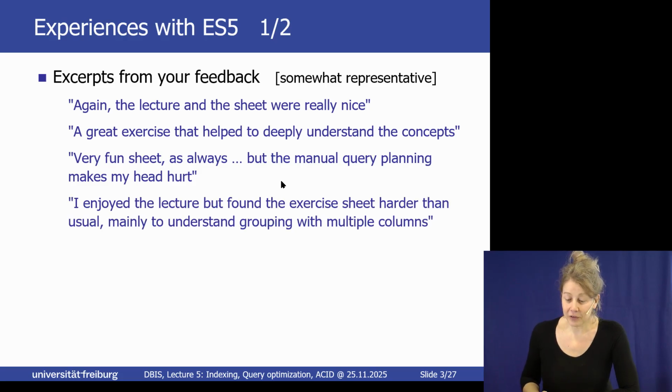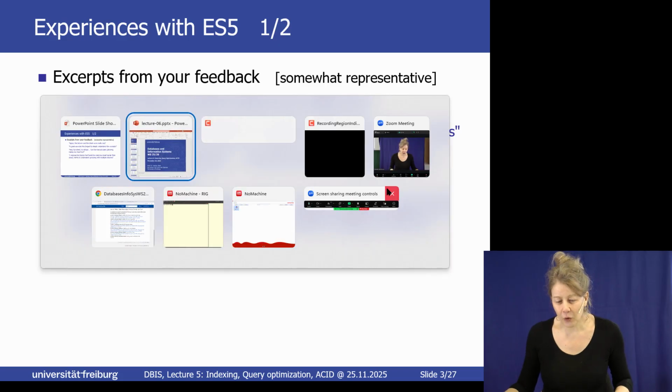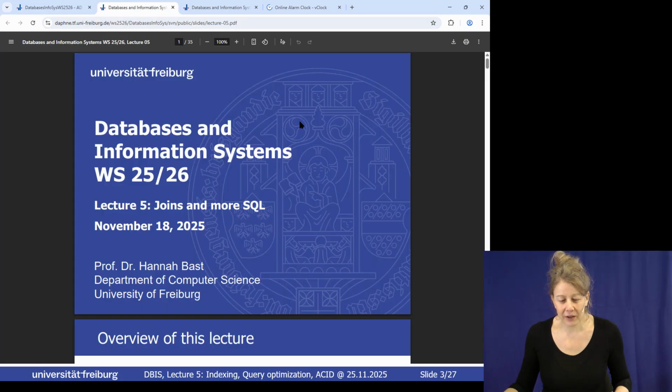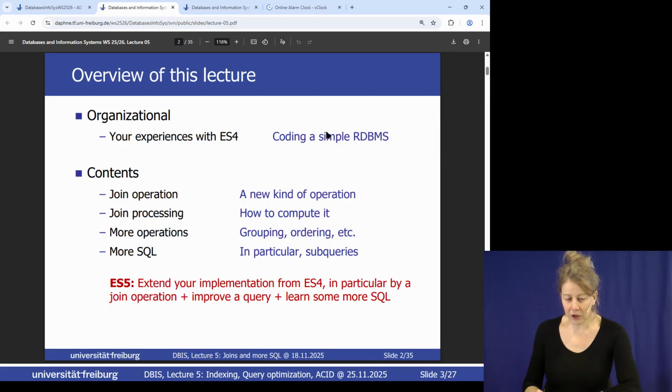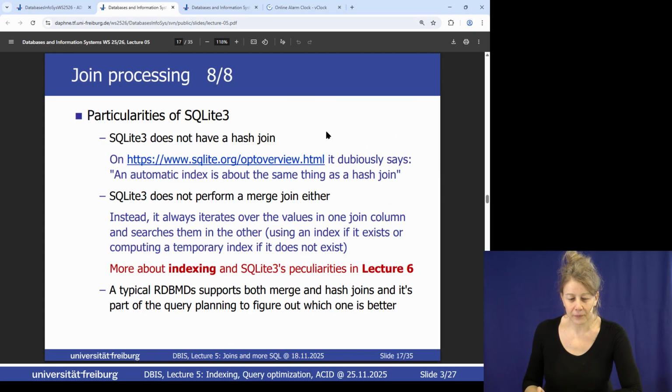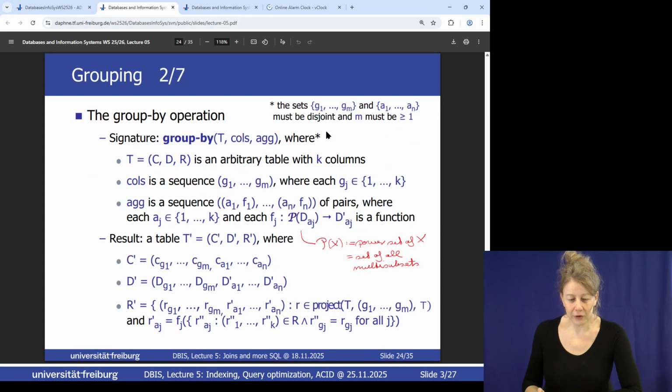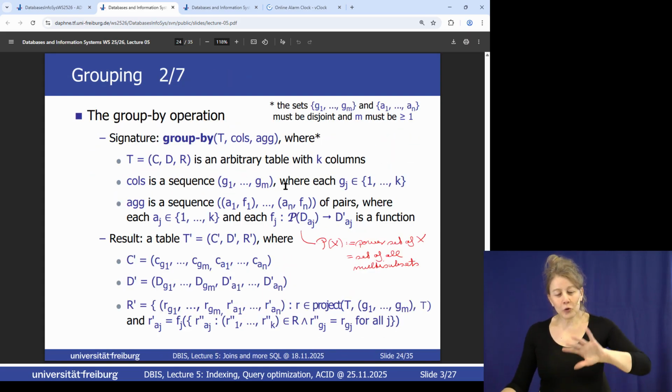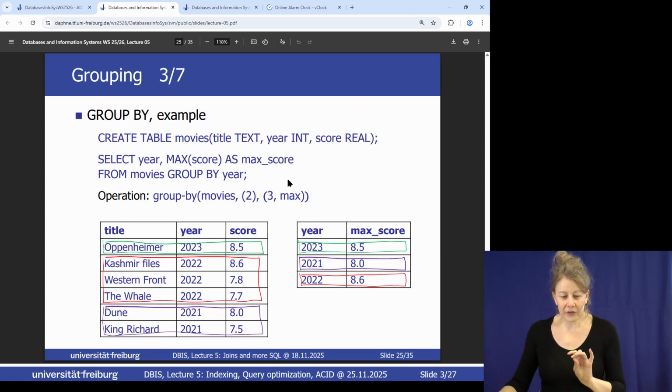I enjoyed the lecture, but found the exercise sheet harder than usual, mainly to understand grouping with multiple columns. We weren't expecting that, but several people wrote that. I don't think the group by was really hard, but let me go to the slide very briefly. Group by is not really hard. So here's the group by. You have a table. In this case, you group by year.